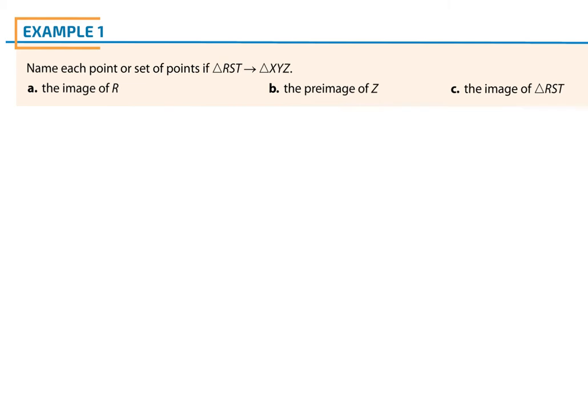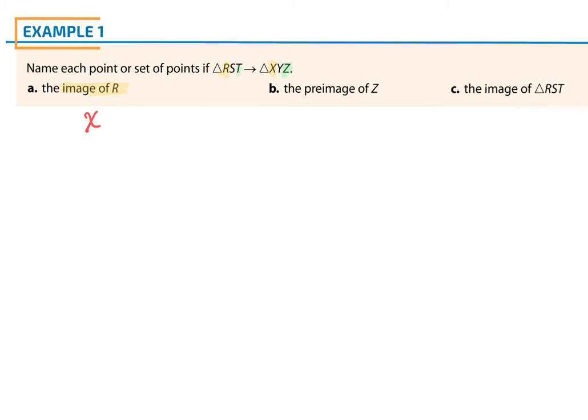They have triangle RST is mapped to a new location somewhere, depending on what they did, to triangle XYZ. The image of R, remember pre-image is where you start. So if they want the image of R, that is going to be X, because R and X correspond to each other. All right. Pre-image of Z. Z is here.